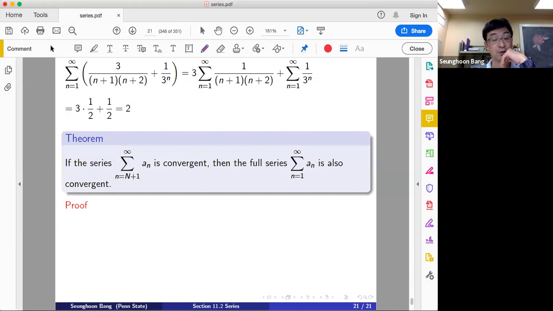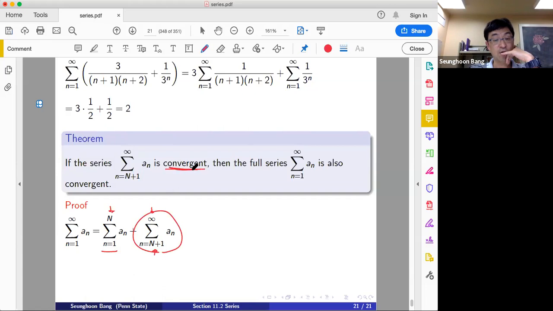Here is the proof. What is the whole series? The full series you can just split into two parts: the summation from n equals 1 to capital N of an, plus the summation from n equals capital N plus 1 to infinity of an. This second part is convergent. What does it mean?